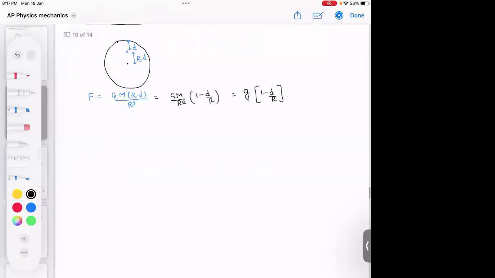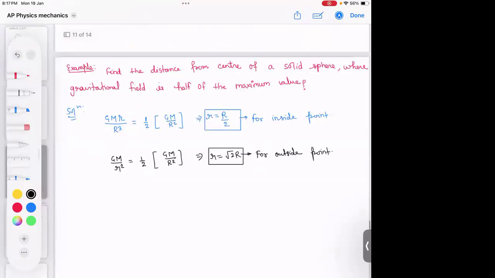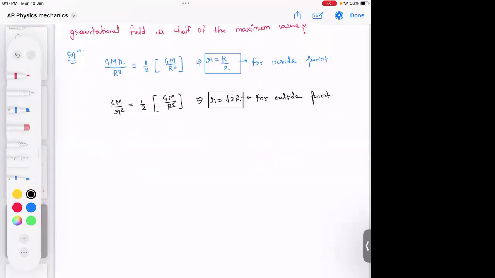Clear? So when we go above the surface of earth and below the surface of earth, in both cases what happened? The gravitational field decreases. Or the gravitational field of a planet decreases as we go above the surface of earth or below the surface of earth.